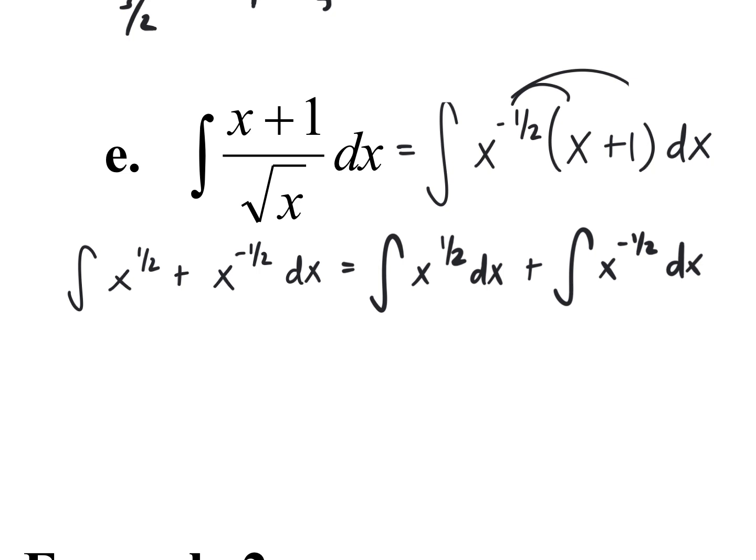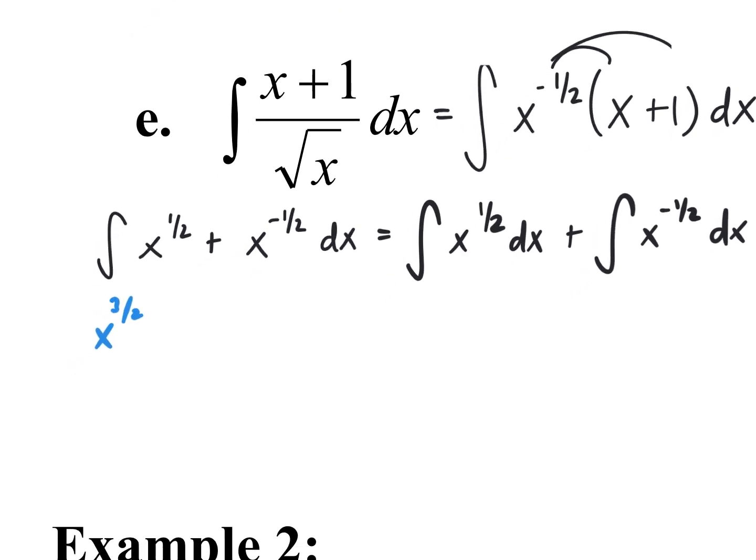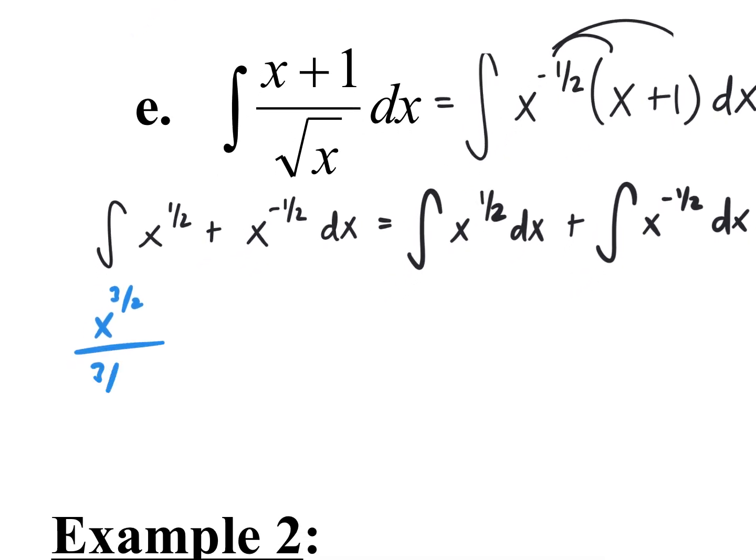So integral of x to the 1/2, that's going to become x to the 1/2 plus 1 power, which would be 3/2, divided by 3/2, plus the integral of x to the negative 1/2 would be x to the positive 1/2 divided by 1/2, plus c.